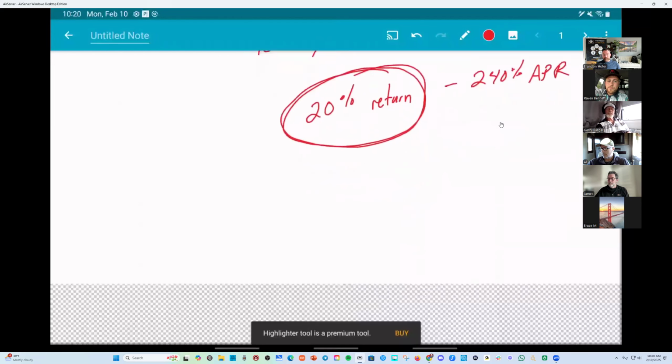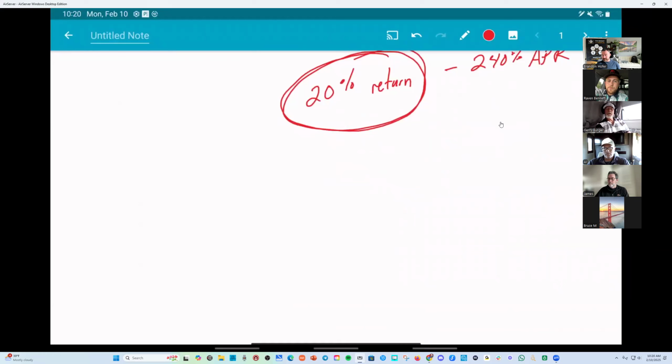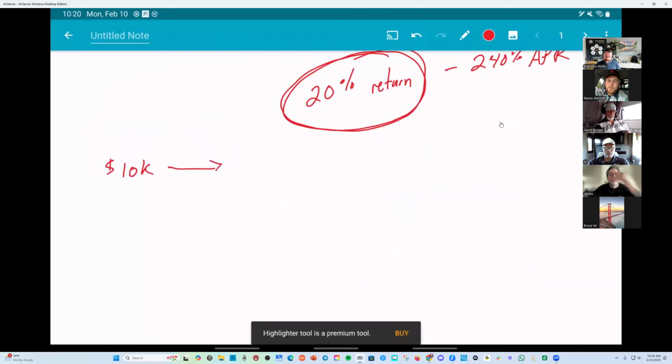So I'm going to paint a hypothetical here. This does not have to be your portfolio at all. I'm just saying, hypothetically, if you've got, let's say, a $30,000 crypto portfolio and you go, you know what, I think I want to put 10K into liquidity pools. If I was doing that, I would ask what is the simplest play I could make?